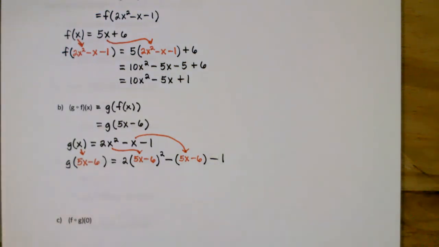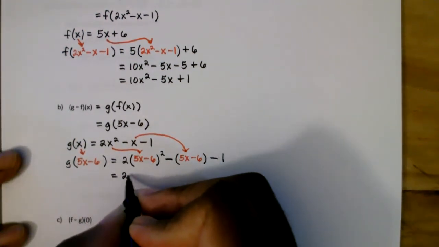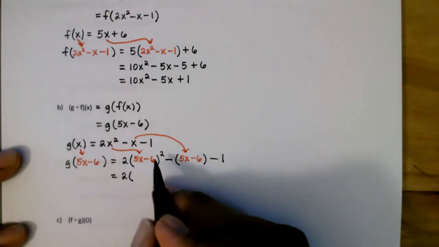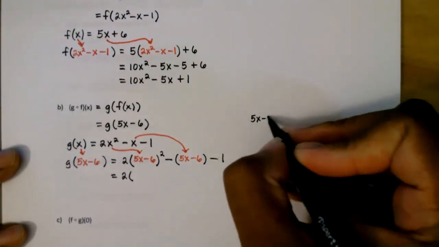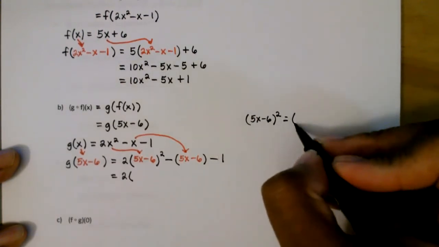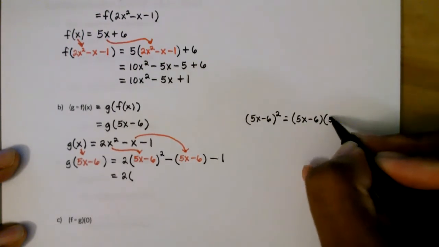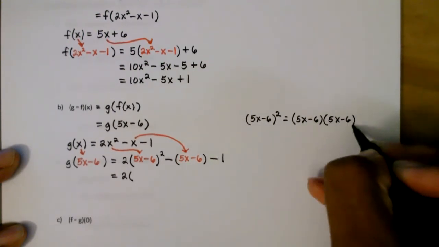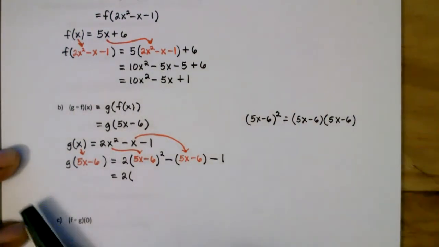Now, take a look here. I need to bring this 2 down, because that 2 is going to be multiplied by the square of 5x plus 6. And just like I did in the last example here, I'm going to write 5x plus 6 twice, because it is used as a factor 2 times. And then use the FOIL method.